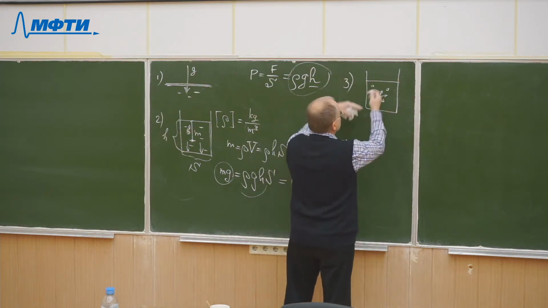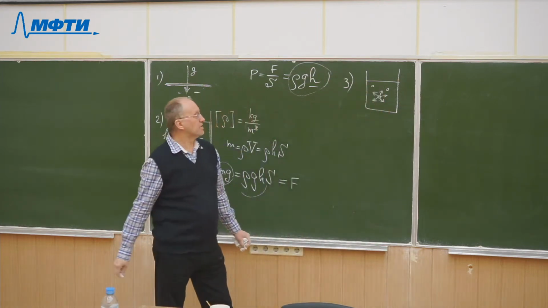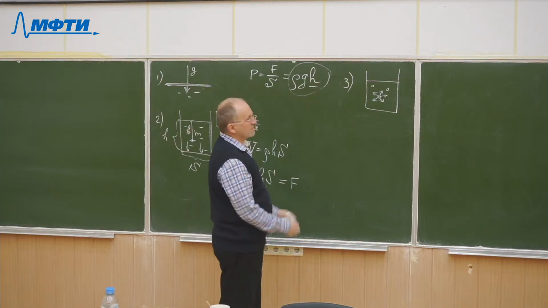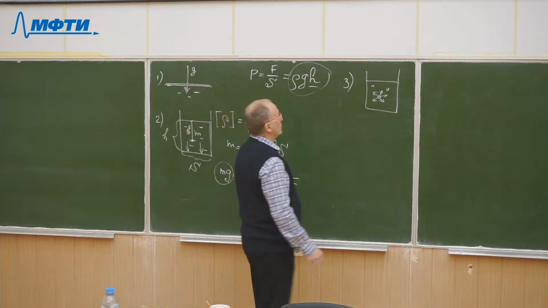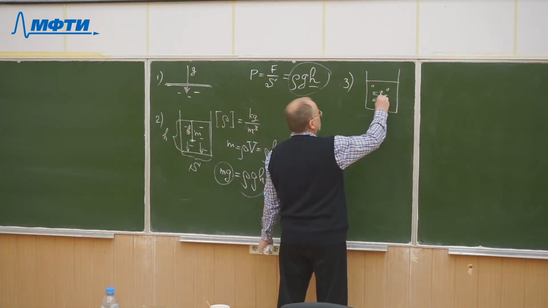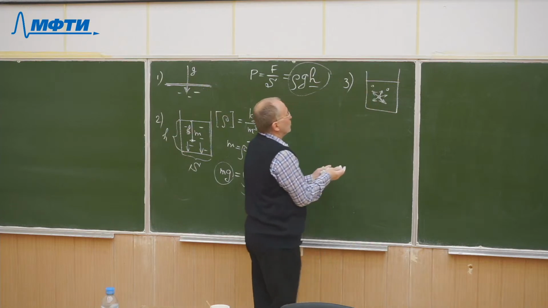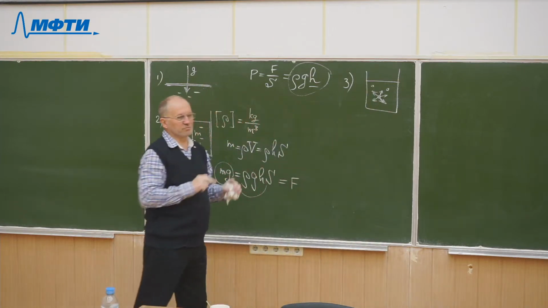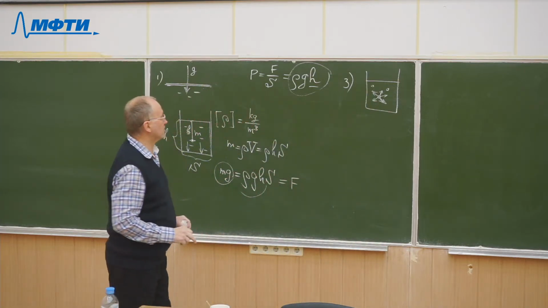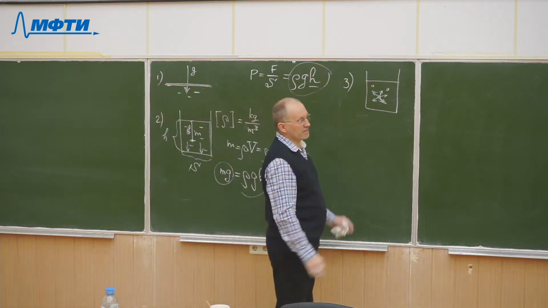And therefore, all forces acting on it from different directions cancel each other. So if there is a force acting in this direction, there is a similar force equal and oppositely directed. So all forces of pressure act in all possible directions inside the liquid because the liquid is at rest.